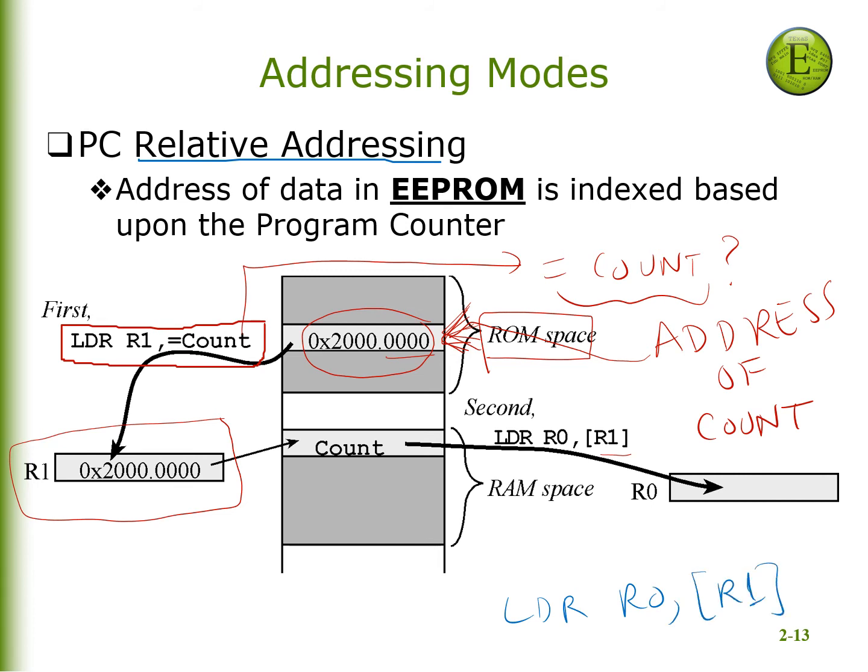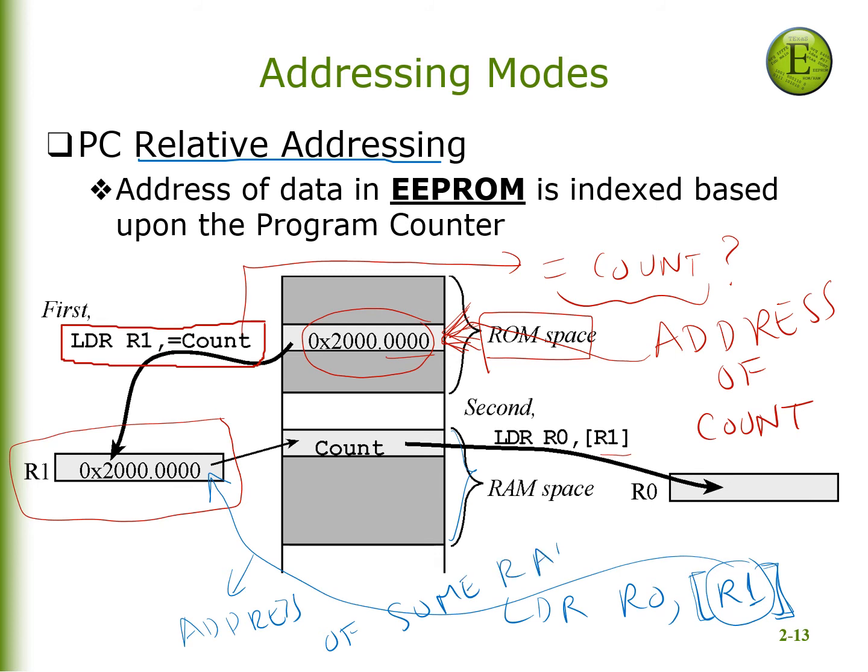As we saw in the previous slide, when a register is written inside the square brackets, we treat its contents as an address of the memory, RAM to be specific. So we are going to say that R1 contents are actually the address of some RAM location.